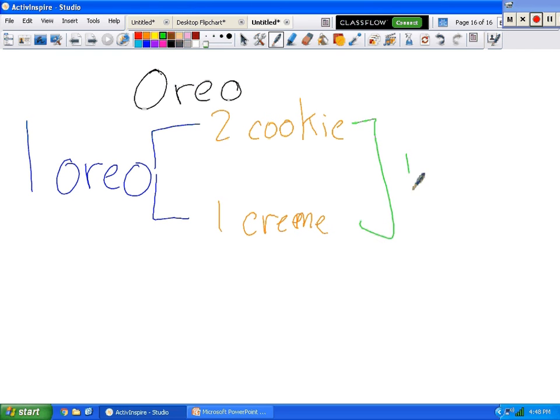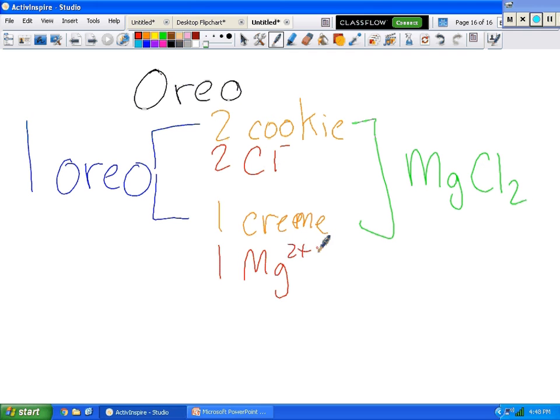If I did this backwards, what if I started with MgCl2? You'd have 1 Mg, and you'd have two chlorides. Does that make a little bit of sense? Does that help? I don't know if that helps at all. But the concentrations aren't going to change.